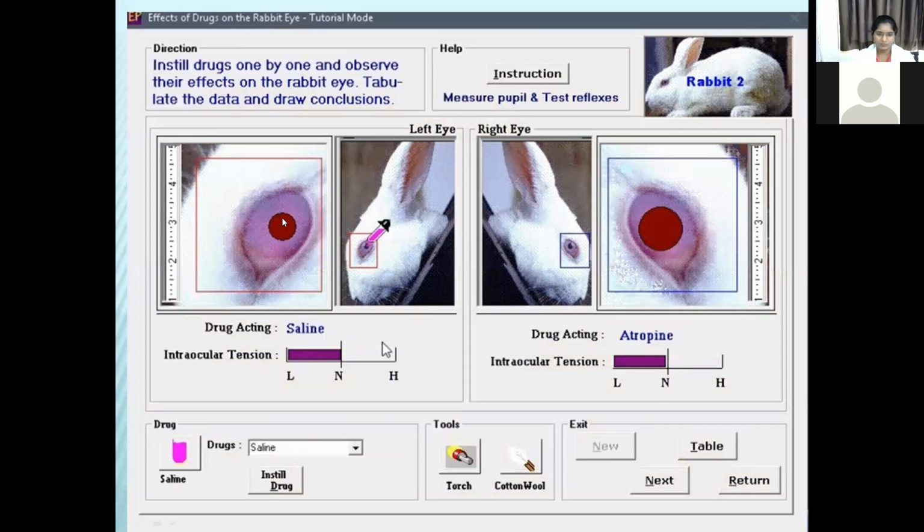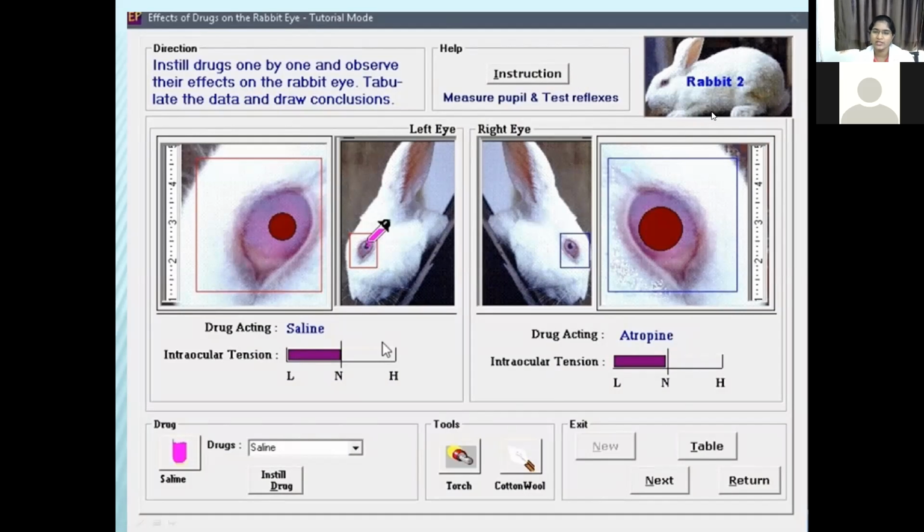Now that is about tools, and here we can see how we do the practical. First we select the rabbit. Here you can see rabbit 2, because every time we have to select a new rabbit. Rabbit 1 is for epinephrine.